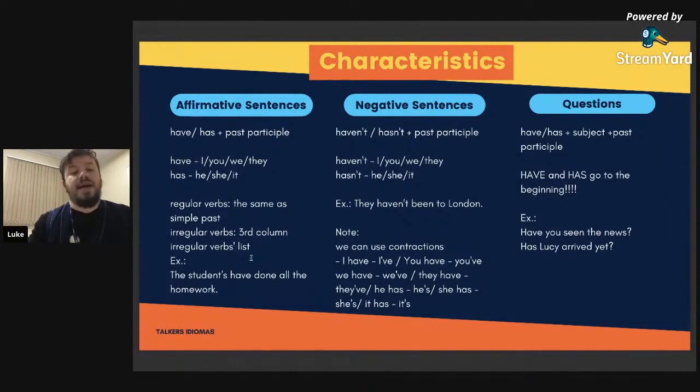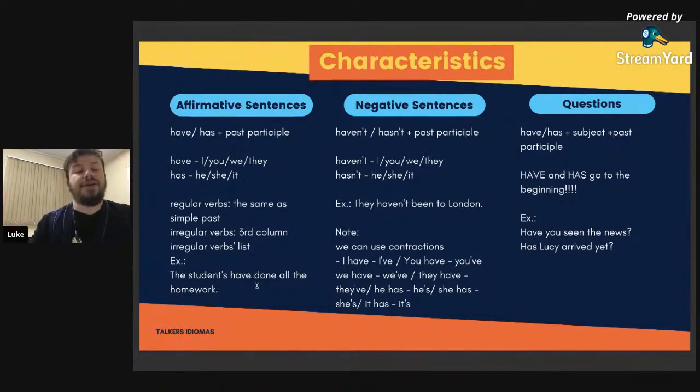Let's see the examples we have. The students have done all the homework, yes? This was supposed to be plural, okay? There is this apostrophe here, but forget about it. It's plural. The students have done all the homework.